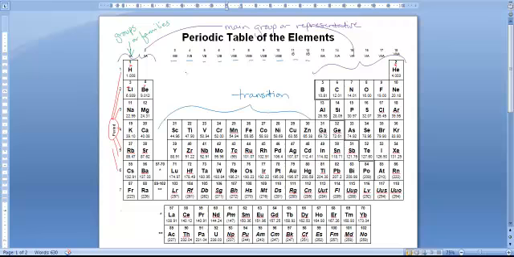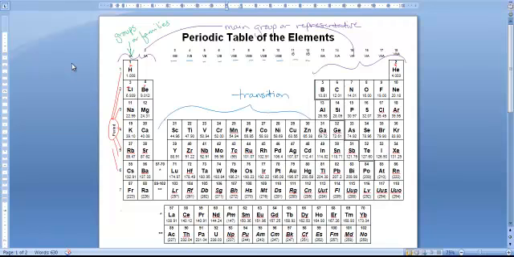I will say our periodic table has both Roman numerals and this just 1 through 18 going across. That's because different countries did the A's and B's differently. So in the U.S., we do the main groups as A's, the transitions as B's. There's some European countries that do the main group as B's and the transitions as A's. And so they just decided we'll just go 1 through 18 across. Okay, but we do talk about the A's and the main group ones.